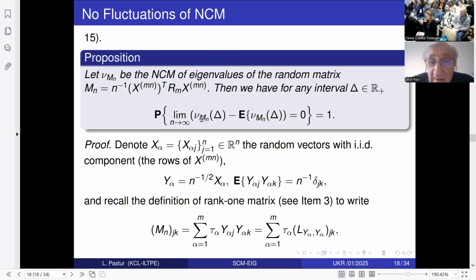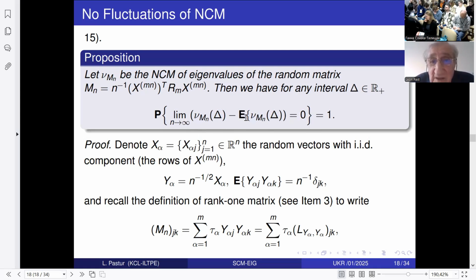What is here? Just the standard thing. You have a random variable, you subtract its expectation, and you are interested in the fluctuations. There is an expectation, and there are random fluctuations around the expectation.